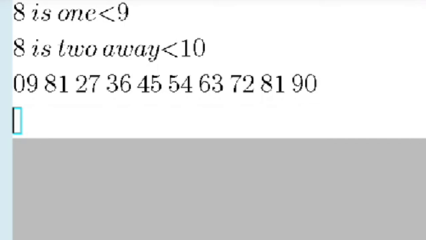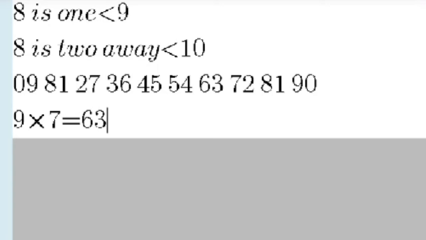8 is 1 less than 9. So what we are going to do here is, since 8 is 1 less than 9, let's go ahead and obtain the 9 times table. Like 9 times 7 is equal to 63.